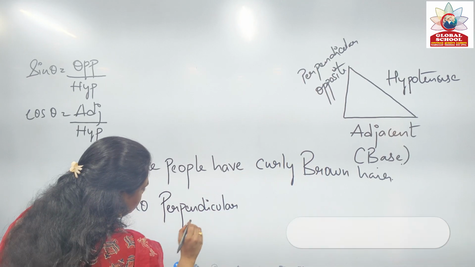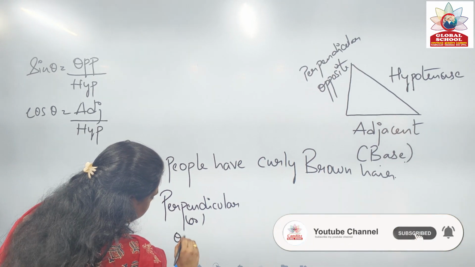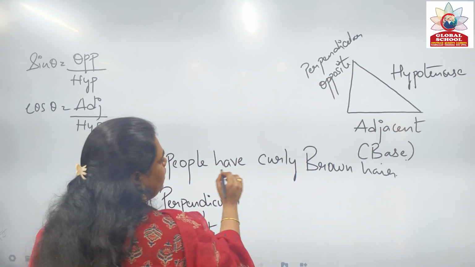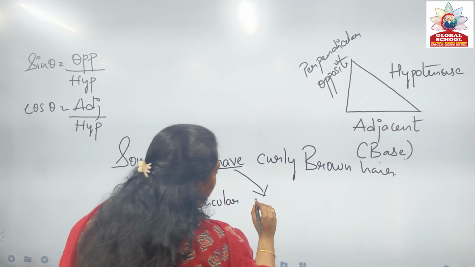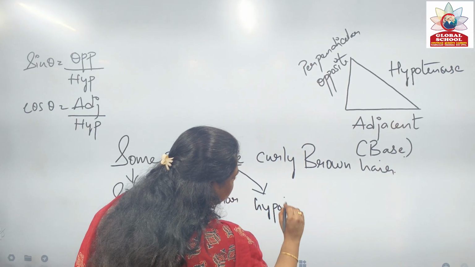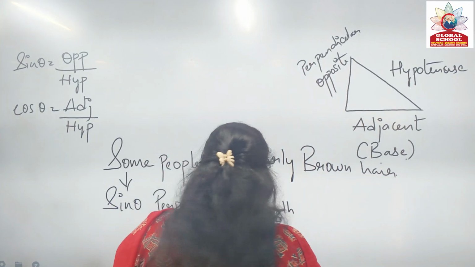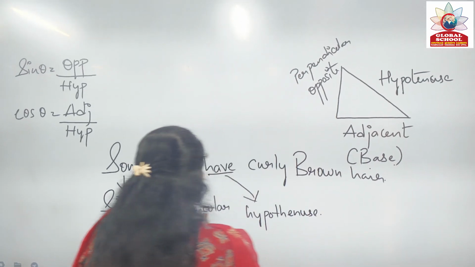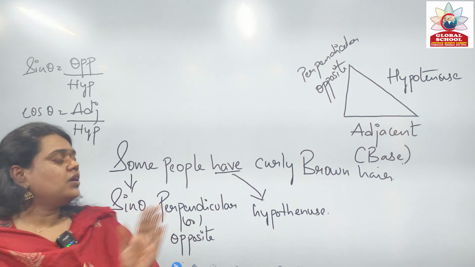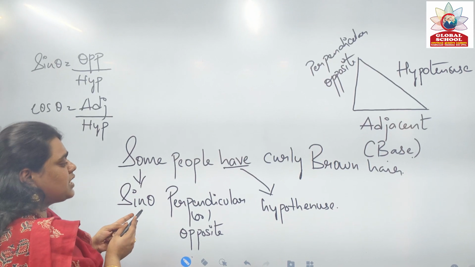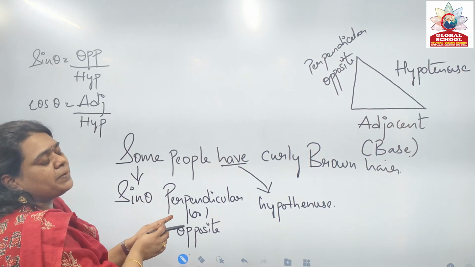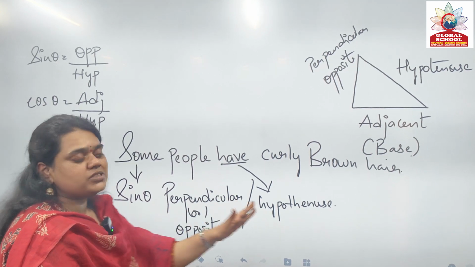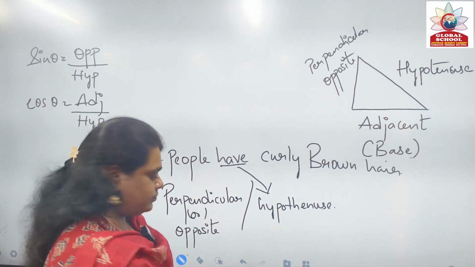Have is termed to be hypotenuse. That means sin theta is equal to perpendicular by hypotenuse or opposite by hypotenuse.